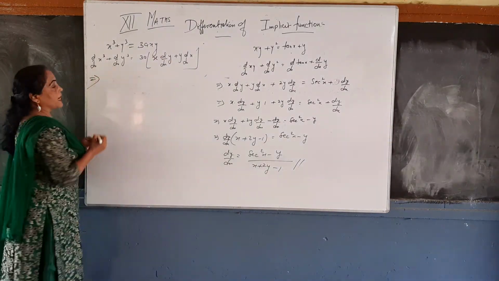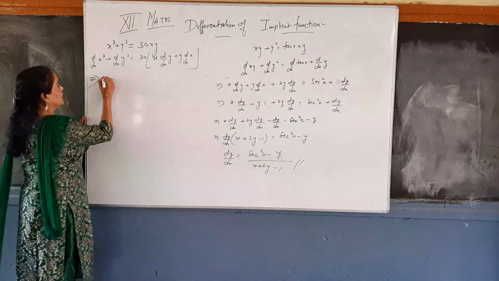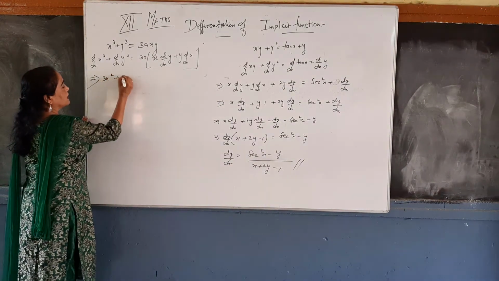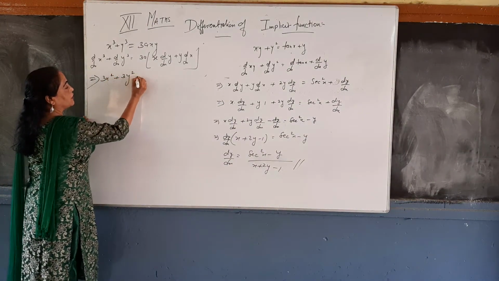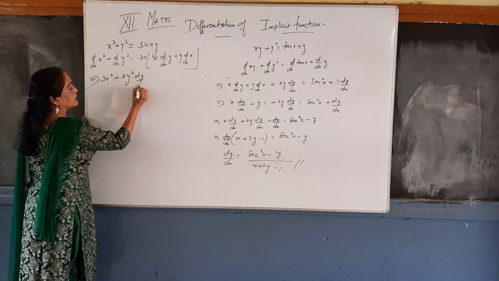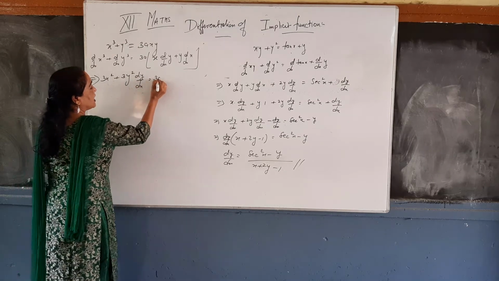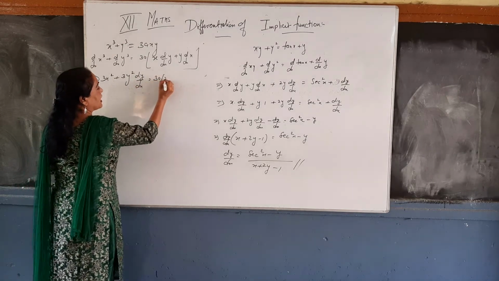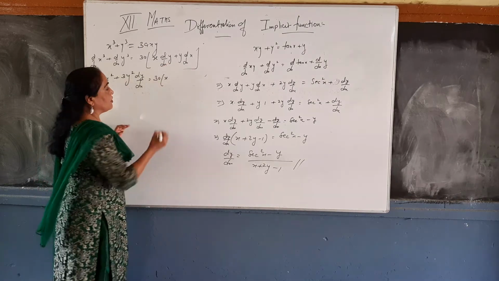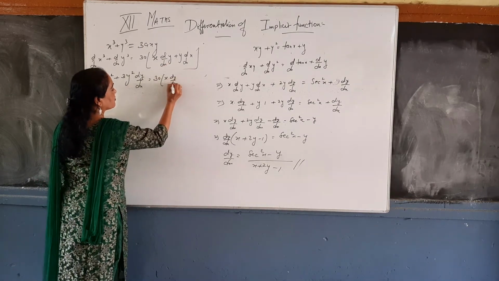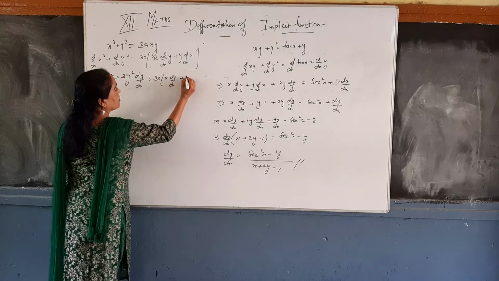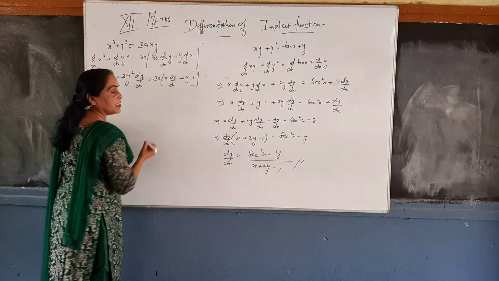Here we will get the differential of x cube is 3x square plus 3y square and the differential of y will be dy by dx, equal to 3a into x, the differential of y will be dy by dx, plus y into the differential of x.